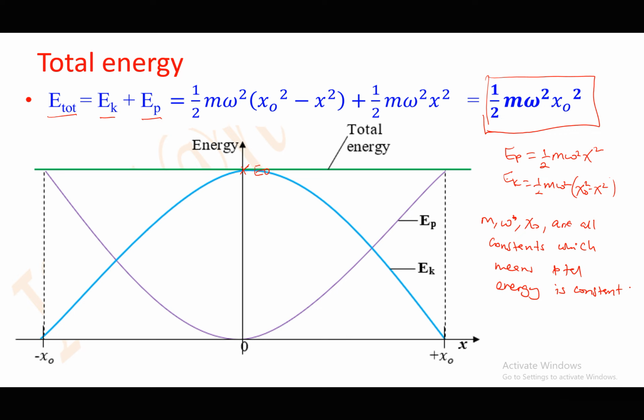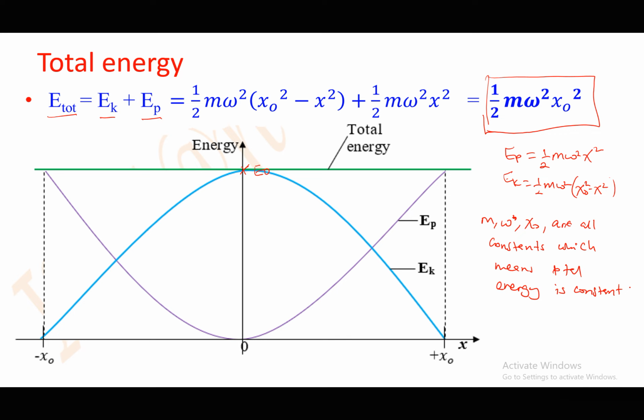I want you to notice that the kinetic energy is maximum when displacement is zero, and potential energy is maximum when displacement is maximum, because potential energy is proportional to the displacement squared. And also notice that at any point on this graph, total energy will be potential plus kinetic.